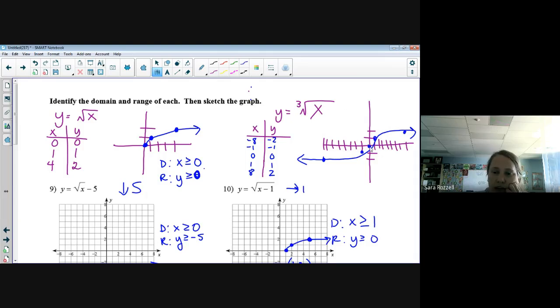If the numbers are on the outside, it's moving this shape up and down. If the numbers are on the inside, it's going left and right, and it's opposite of what you would normally think. And do you want me to do one transformation of this kind? Then y'all are good? Okay. I'll let you finish writing that down.